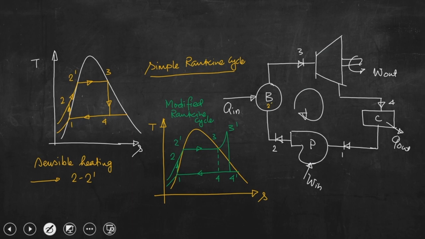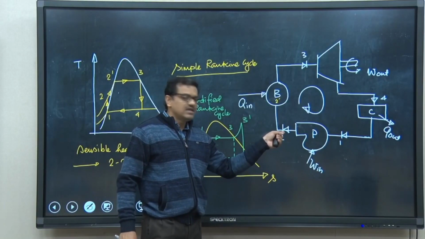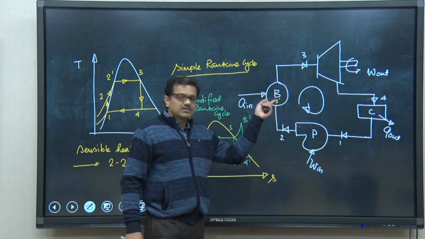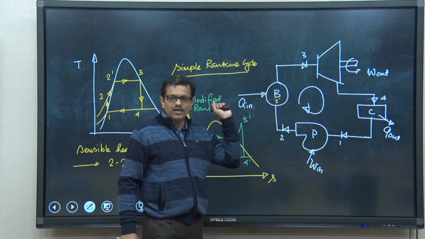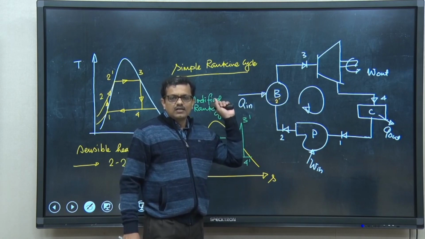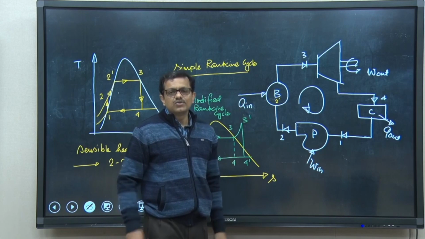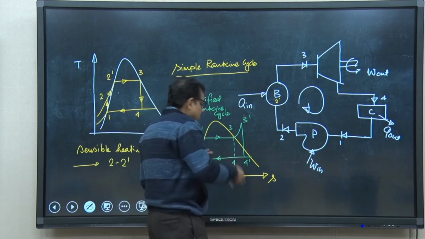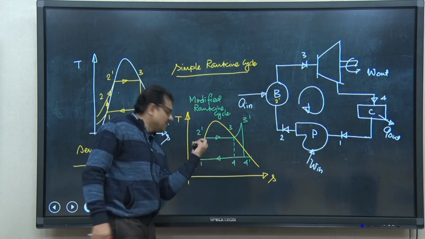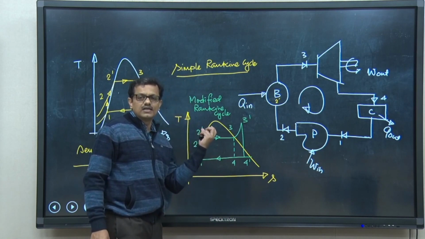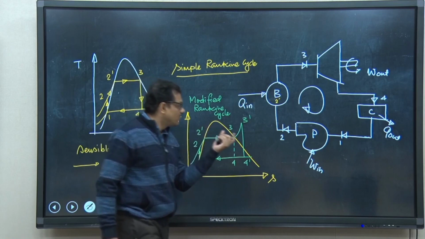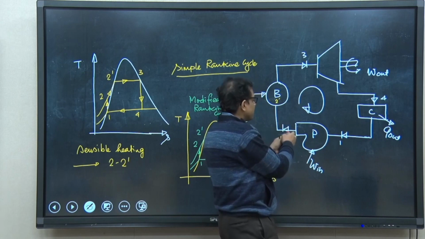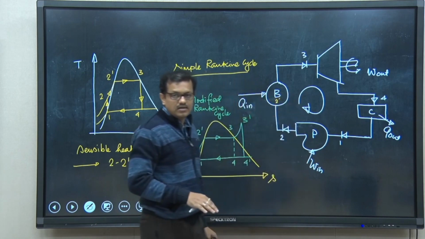The state point 2 is at the exit of the pump or inlet to the boiler, but state point 2 prime is inside the boiler, wherein the heating is due to sensible heat transfer. And as I have discussed, if we can eliminate or reduce this portion, we can increase the efficiency. How can we make it? We can increase the temperature of the feed water which is leaving the pump, but before it enters into the boiler.